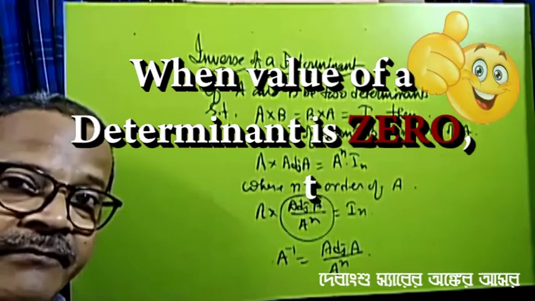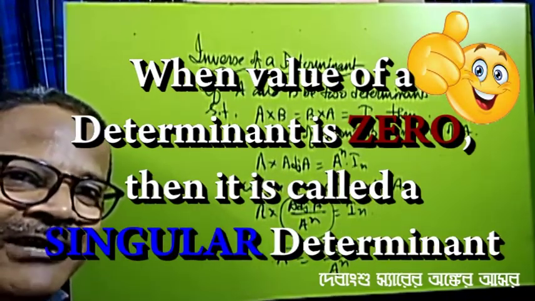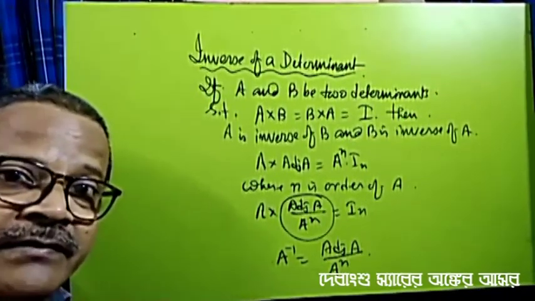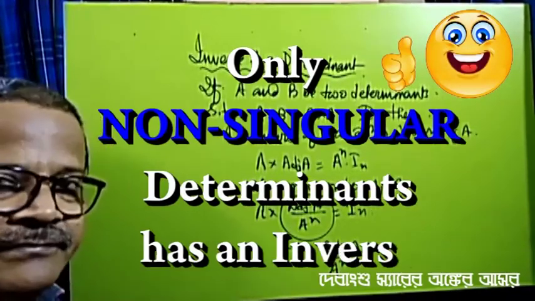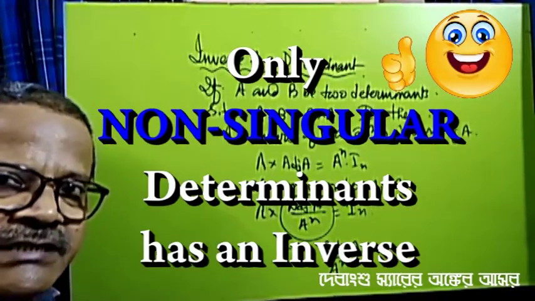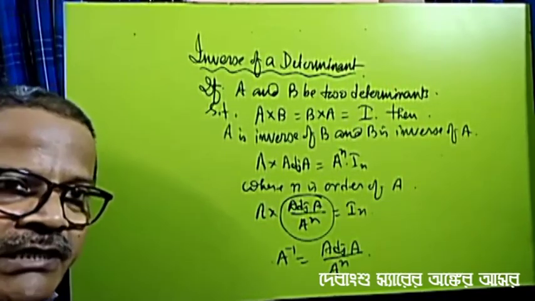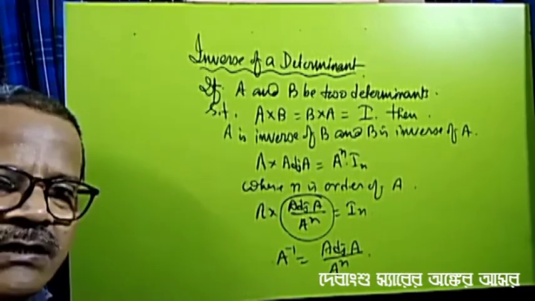And when the value of a determinant is 0, the determinant is called a singular determinant. So to have an inverse, the determinant must be non-singular, that is, its value is non-zero. Only the determinants whose values are non-zero have the inverse.